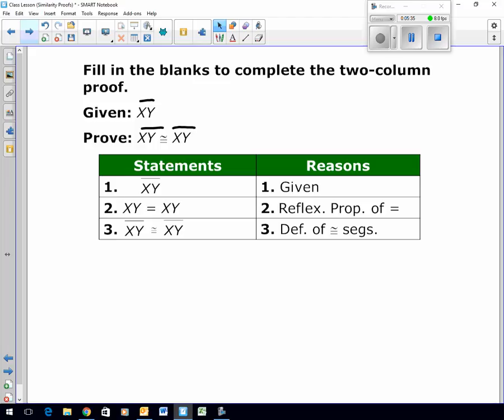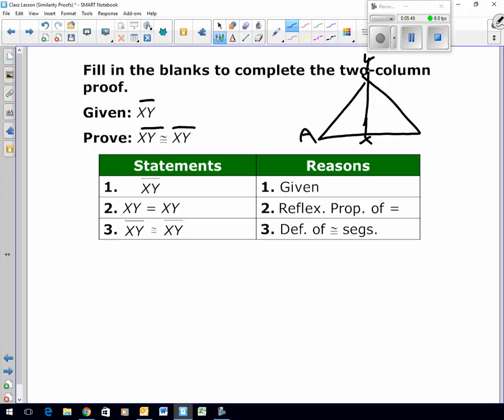Sometimes it might help to draw a visual. I'll do that here. Here's X, here's Y. Okay? I've got three triangles. In triangle AYX, YX has a certain length, let's say it's 6.